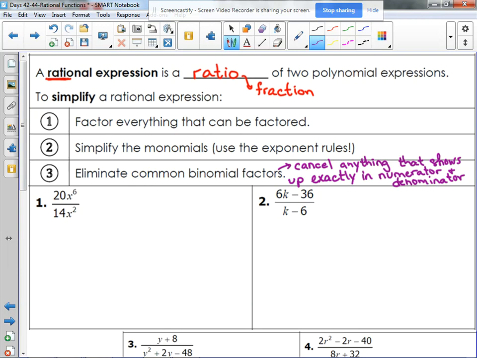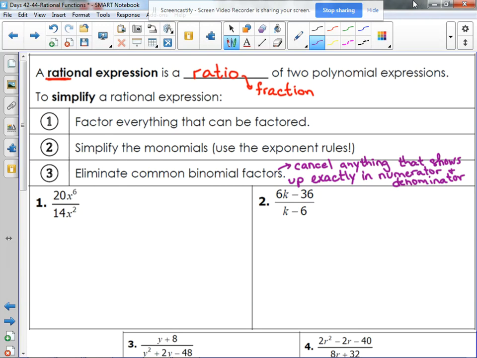Okay, anything that shows up exactly the same in the numerator and the denominator, you are allowed to cancel those. That's what it means by eliminate common binomial factors. It sounds all official when you say it that way.